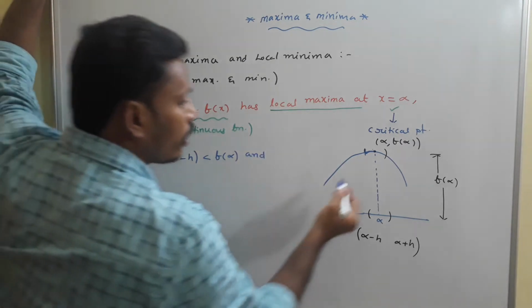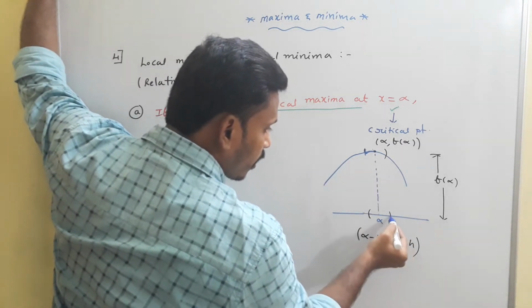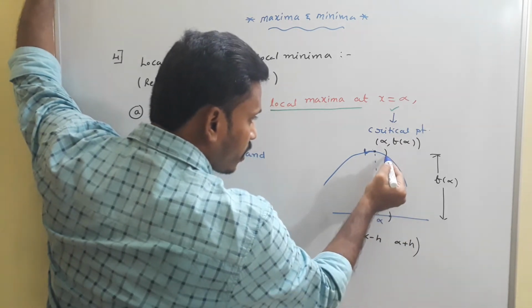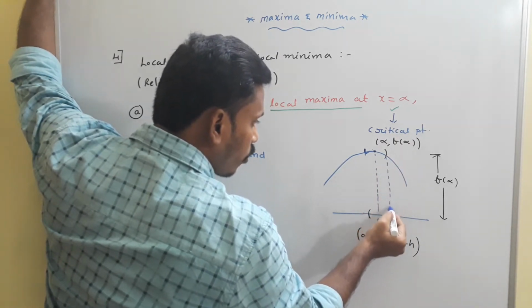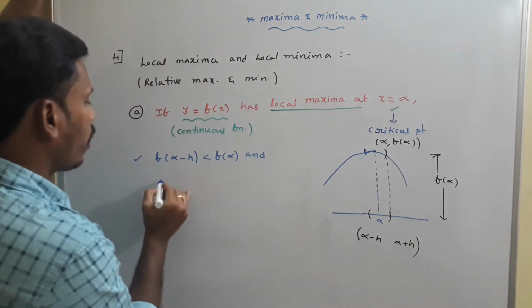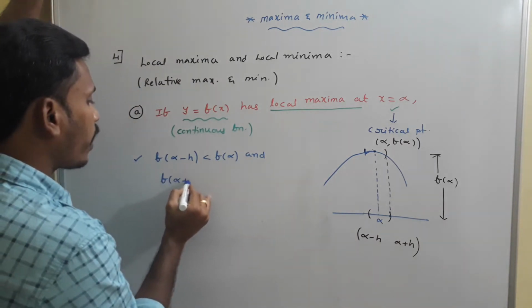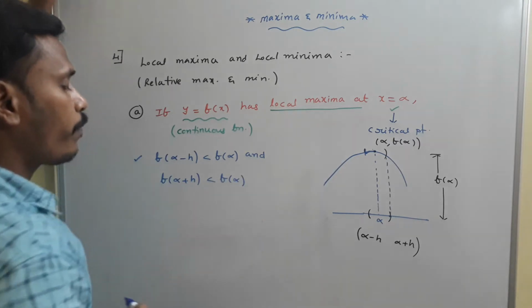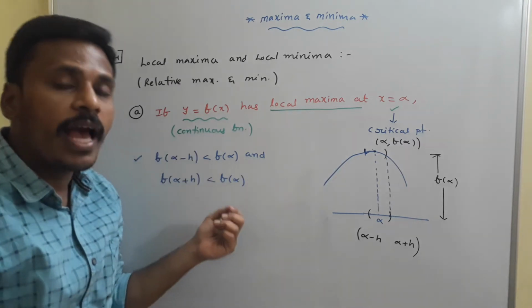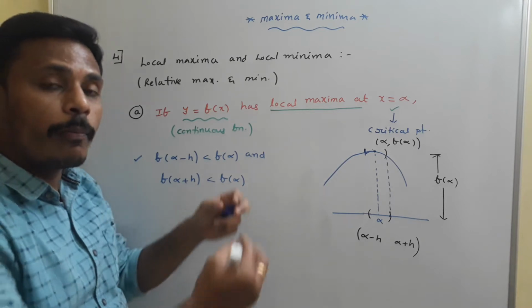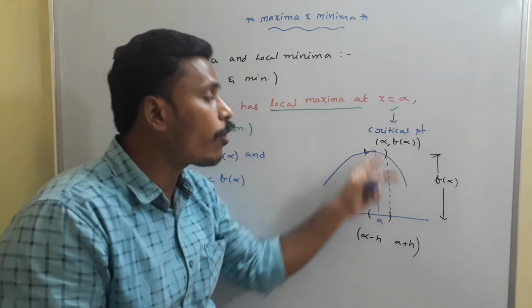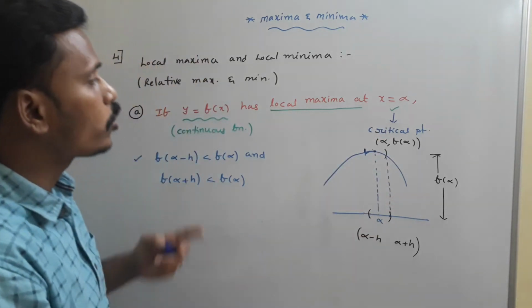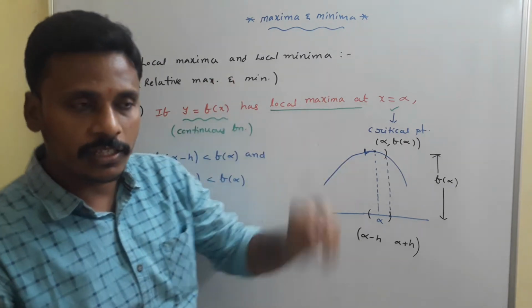And as well, this is the alpha plus h point, and at this point this is the height, and this height is also for sure less than f of alpha. So f of alpha plus h is also less than f of alpha. F of alpha minus h as well as f of alpha plus h are both lesser, and this f of alpha is greater, and so this function has a maximum at x is equal to alpha.